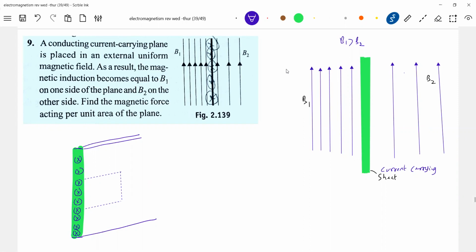So here, in what direction will it produce a field? The field produced by the sheet will be BS, I'll write it. It will be in this direction. Field, external field, let it be like this.